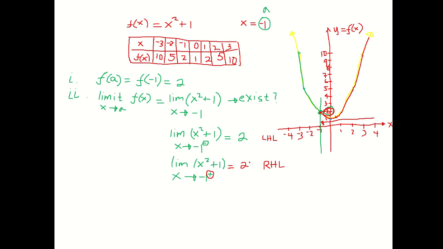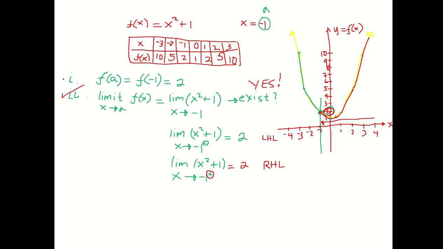Therefore we can say that the limit of x squared plus 1 as x approaches negative 1 exists. So we asked a while ago if it does exist, and the answer is yes, because we have proven that the left hand limit is equal to the right hand limit. So it means that we have satisfied condition number 2.